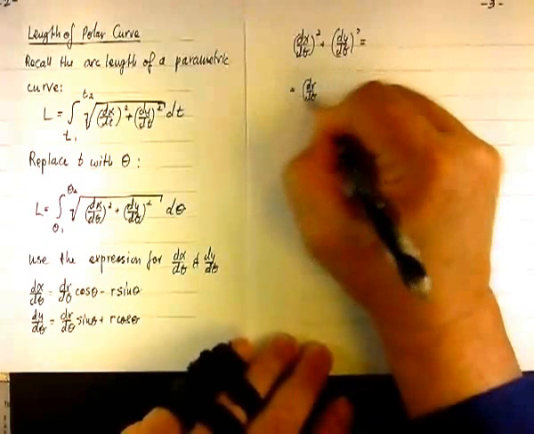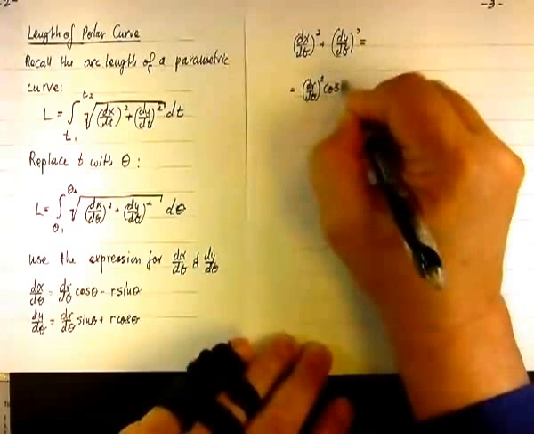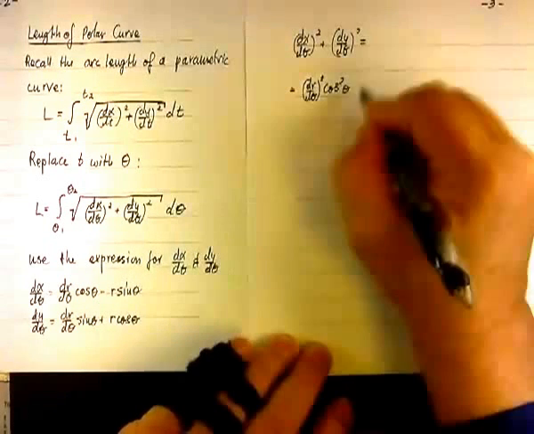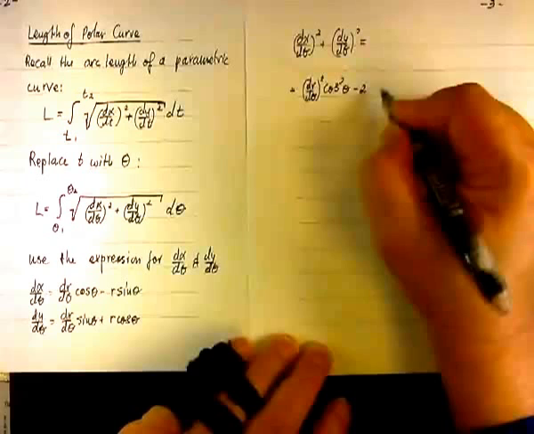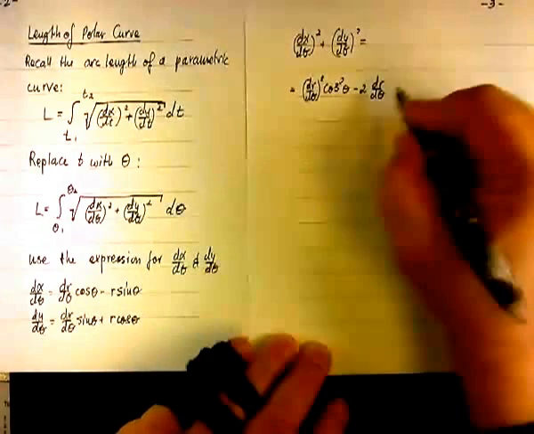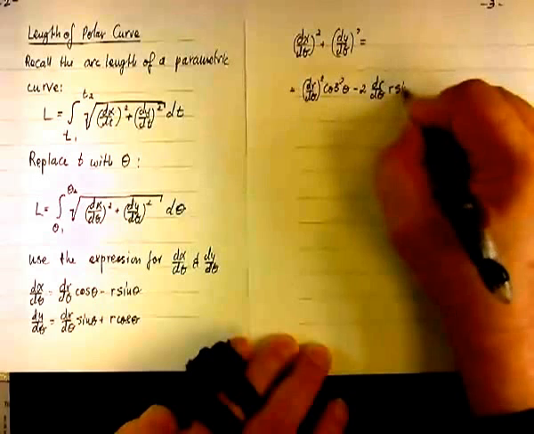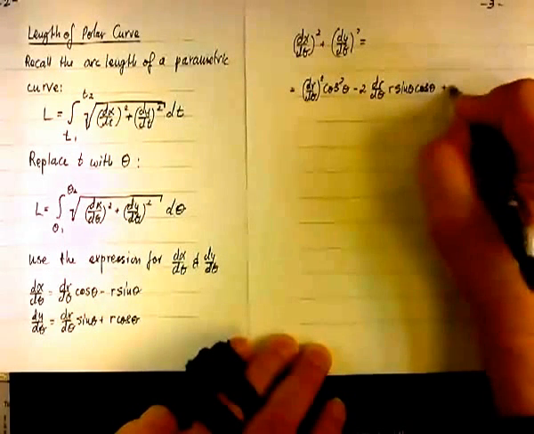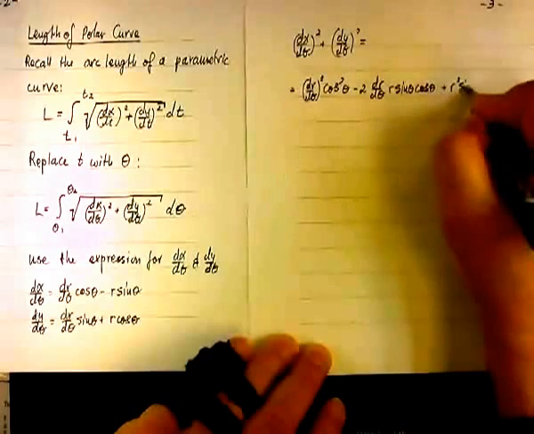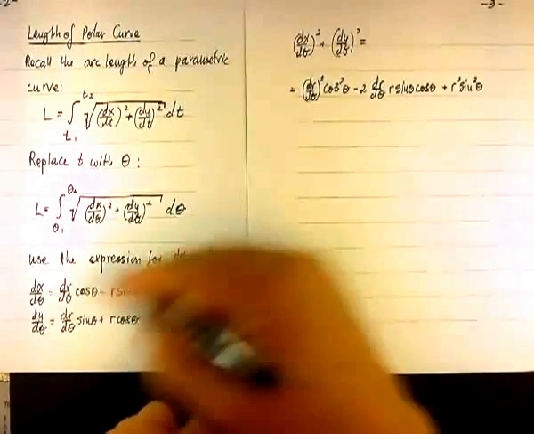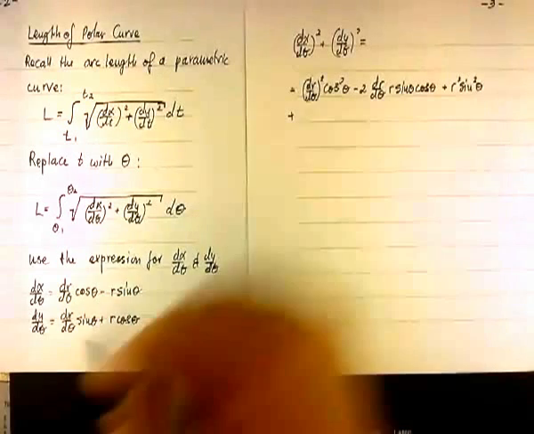When you square it, it will be dr d theta squared times cosine squared theta, minus 2 dr d theta r sine theta cosine theta, plus r squared sine squared theta.